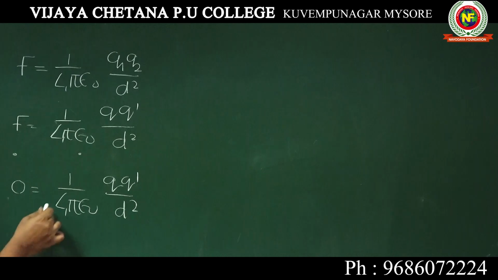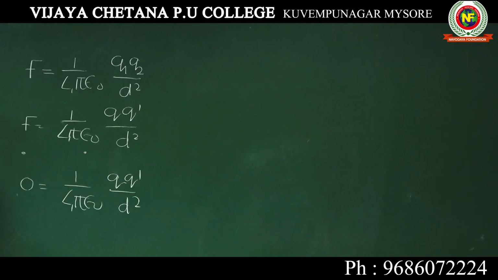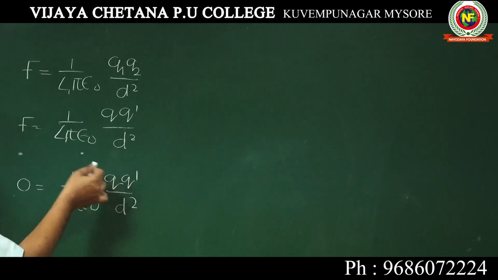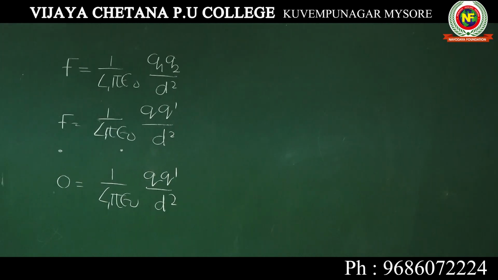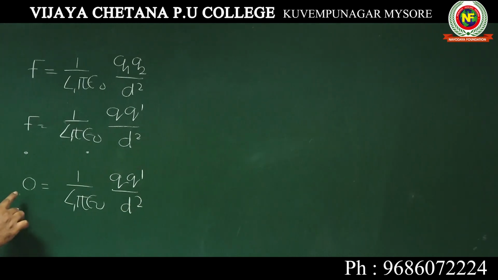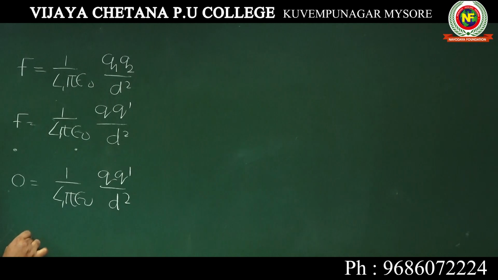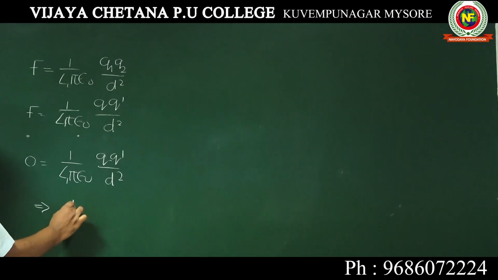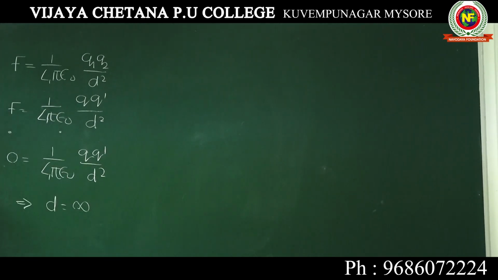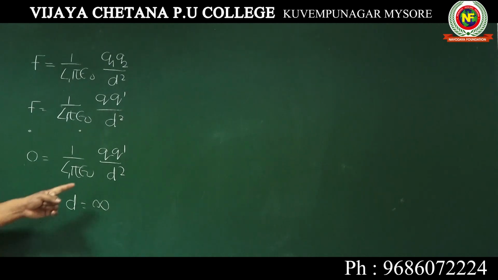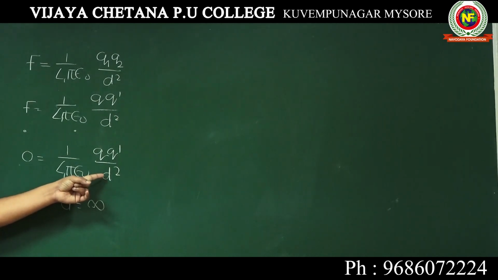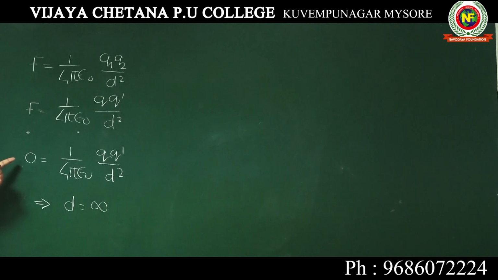Or I can say, 1 by 4 pi epsilon naught is anyway constant, cannot be zero. Q and Q dash are two non-zero charges. Therefore, only possibility of getting this value equal to zero is that distance is infinity. Okay? When this distance becomes infinity, then force drops to zero.